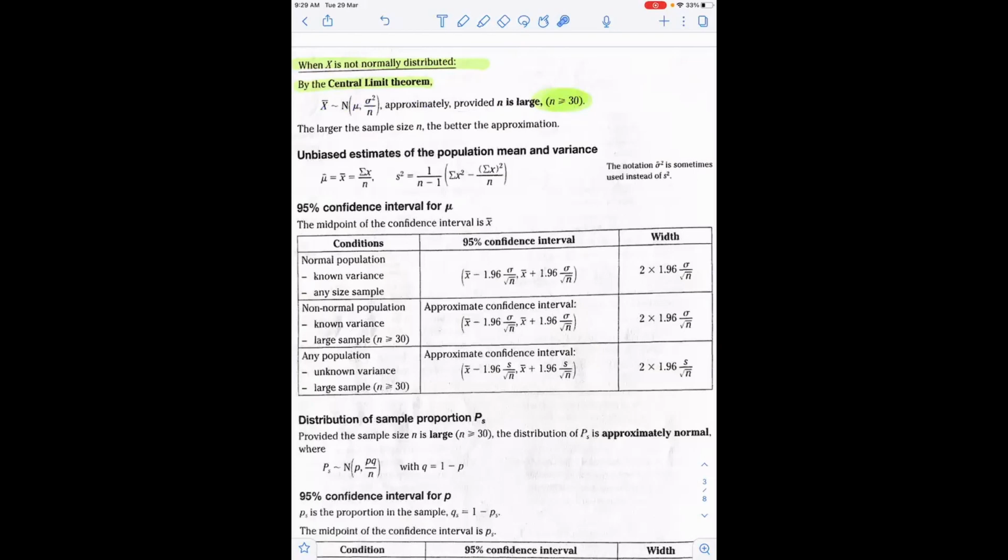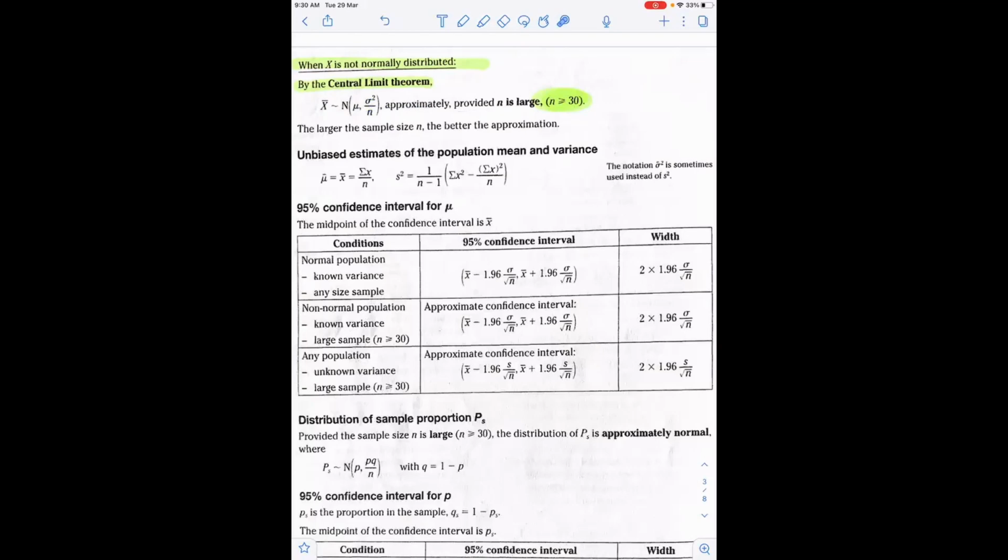In that case, the mean of the distribution of the sample mean will be the same as the population mean, and the variance will be divided by n.